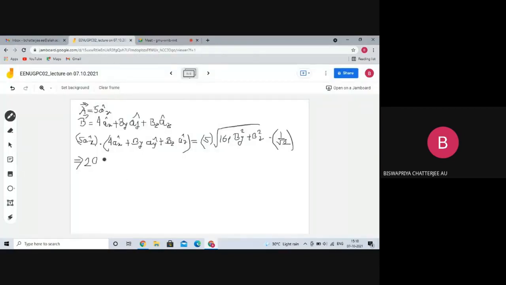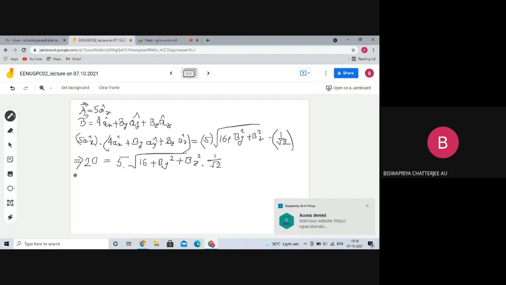The right hand side will become 5 into root of 16 plus by square plus bz square, multiplied with 1 upon root 2.